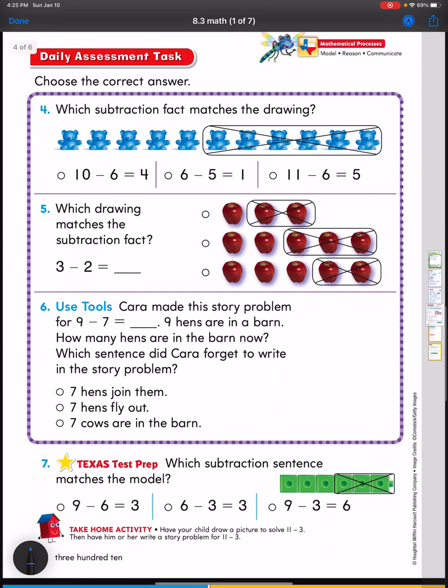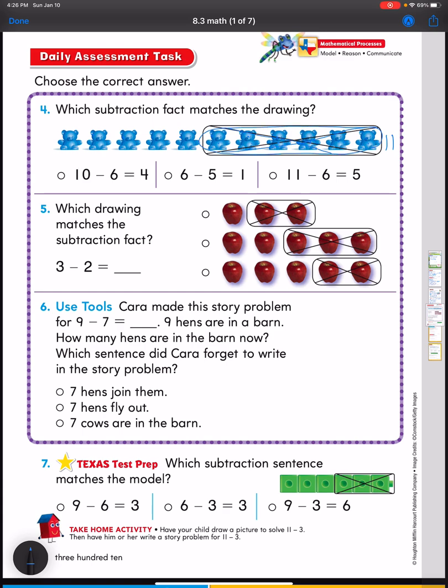Okay, let's choose the correct answer. Number 4, which subtraction fact matches the drawing? So look, I have 1, 2, 3, 4, 5, 6, 7, 8, 9, 10, 11 bears. I have 11 bears. But I have 1, 2, 3, 4, 5, 6 of them being crossed out, being subtracted.